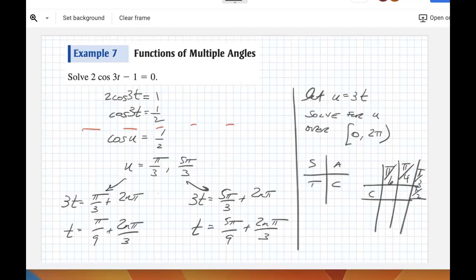Now, a strategy that I strenuously encourage you to bring on board here: the reality is that cos 3t has to equal a half. So we have to think about our unit circle or our chart or whatever, but those things are not in terms of triple an angle. Those are just in terms of an angle.